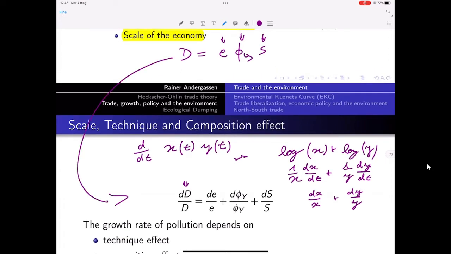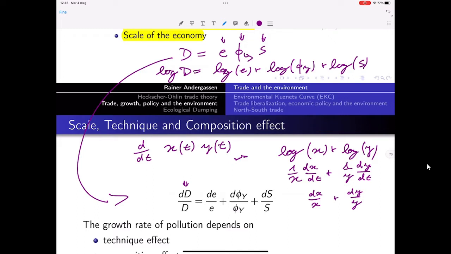So first of all, you take logs. The log of D is just the log of E plus the log of phi plus the log of S, and then you take time derivatives. Therefore it's just 1 over the argument times the derivative of the argument.